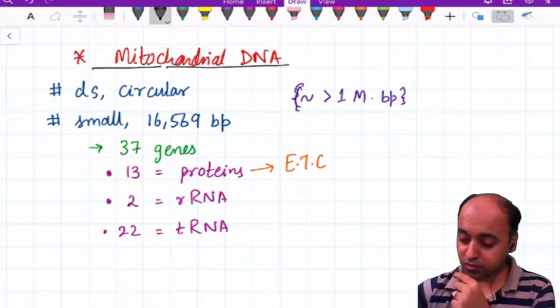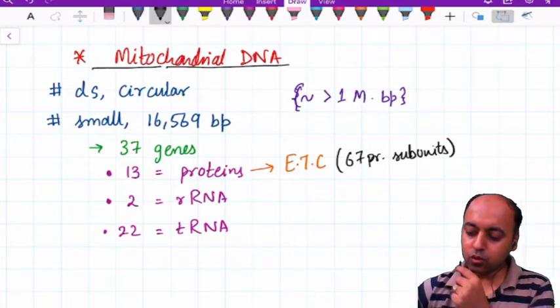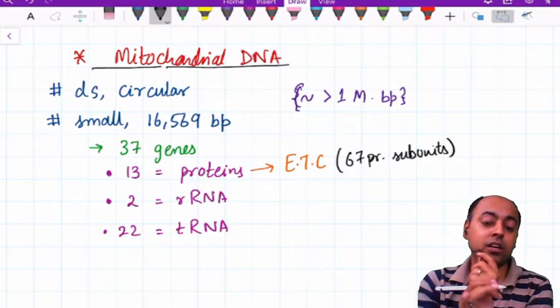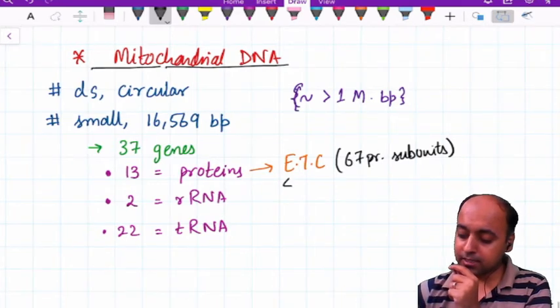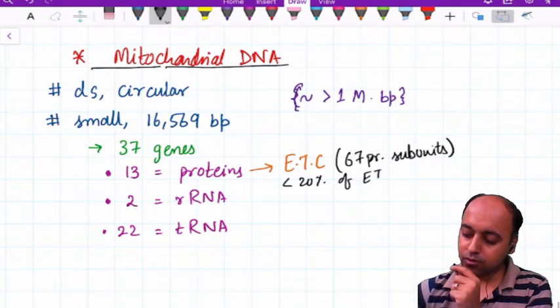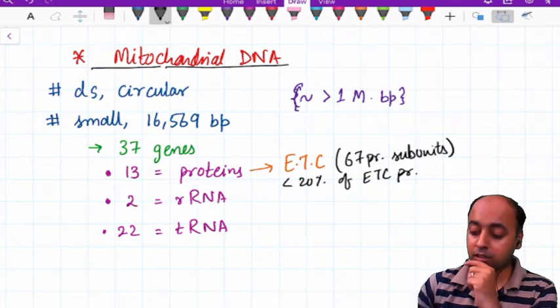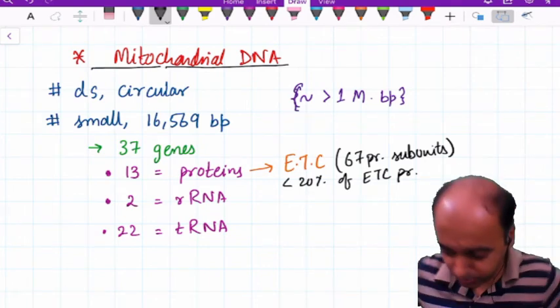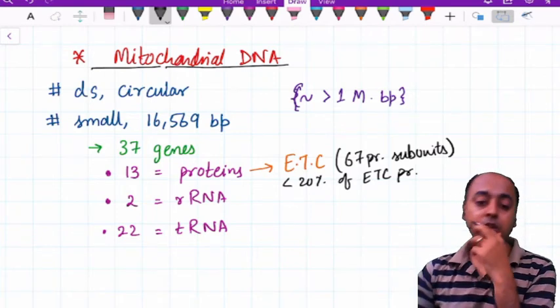If you recall, we had mentioned very briefly that electron transport chain has 67 protein subunits, out of which only 13 will come from the mitochondrial DNA. This means less than 20% of ETC proteins are coming from the mitochondrial DNA.